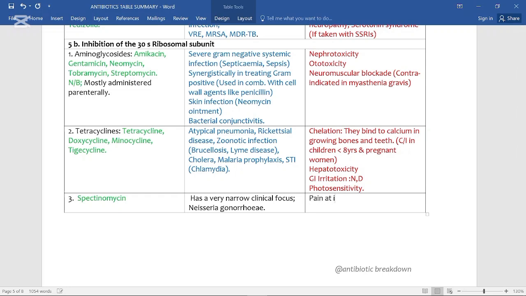It may cause pain at the injection site, so it's very painful when injected. That's why you should be very careful not to get an STI like gonorrhea. If you get gonorrhea, we have to inject you with this drug, and believe me, it's very painful. It may also cause nausea, like other drugs, very common. It may also cause fever and chills.